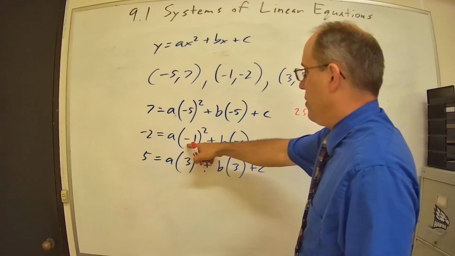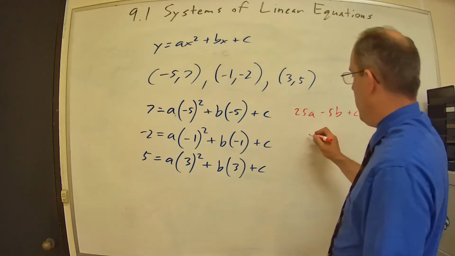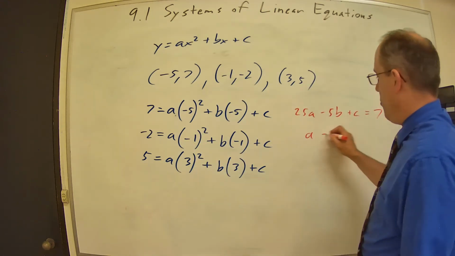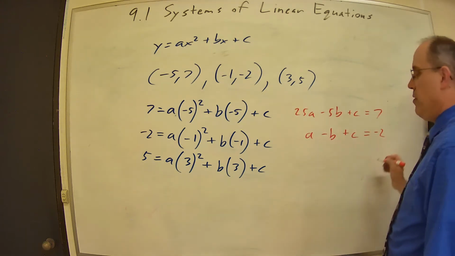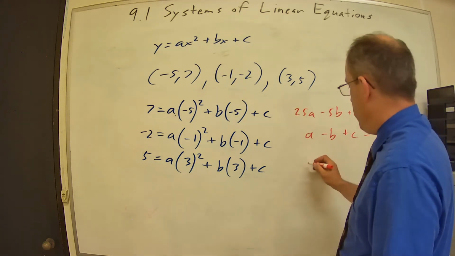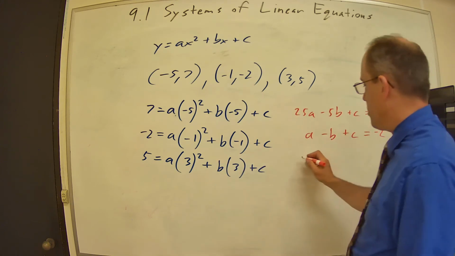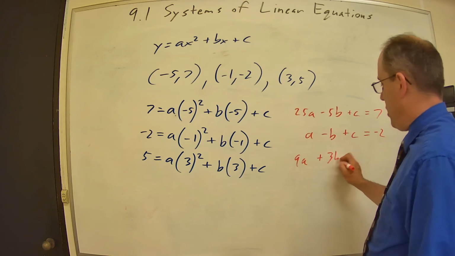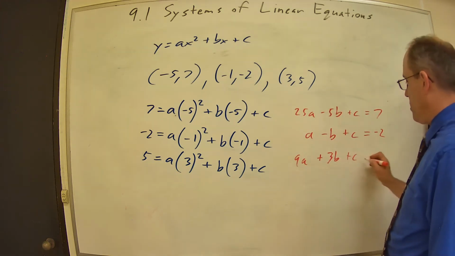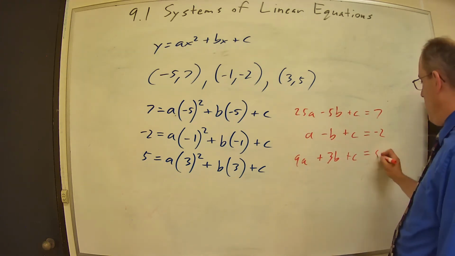Here I have negative 1 squared is 1, so a minus b plus c is equal to negative 2. And 3 squared is 9, so 9a plus 3b plus c is equal to 5.